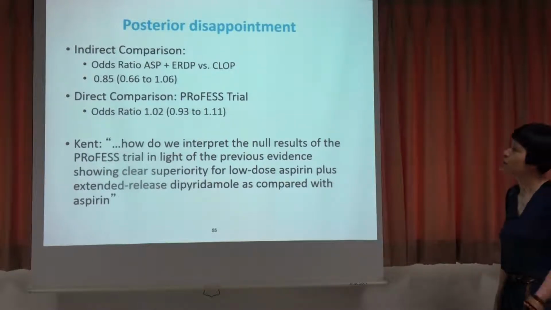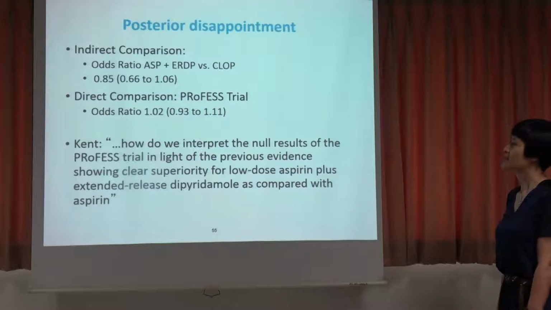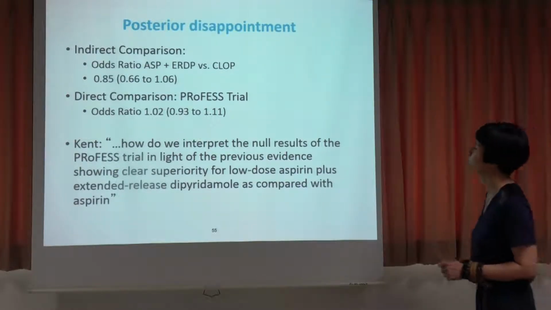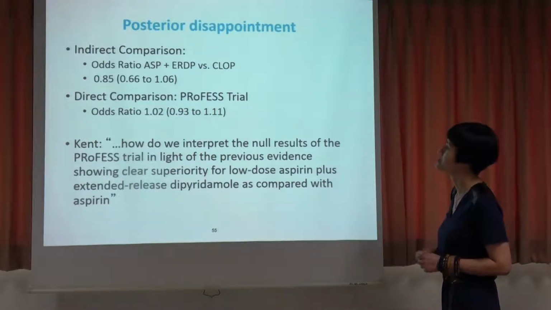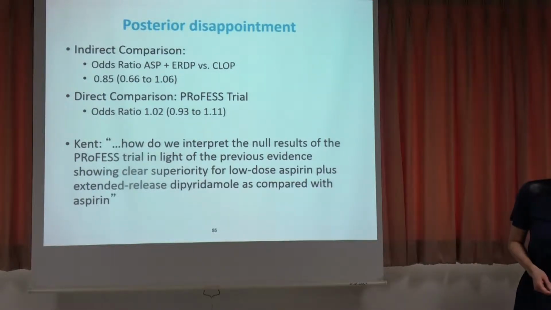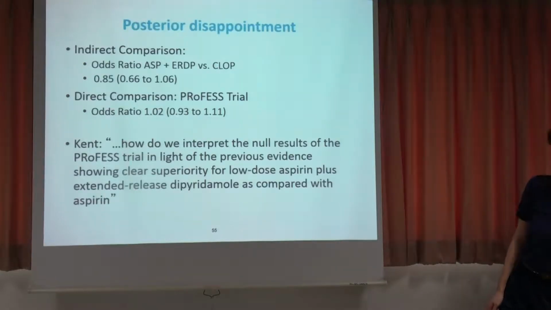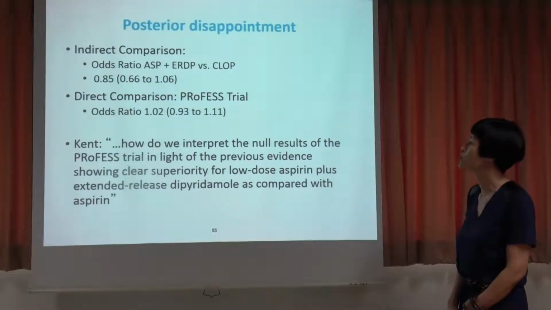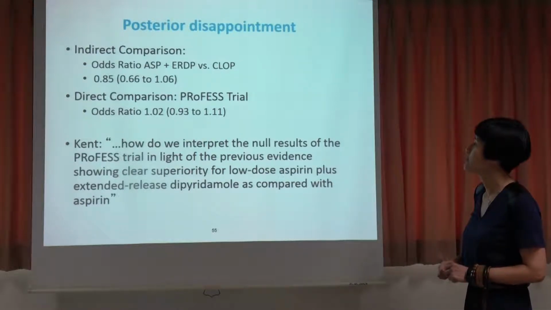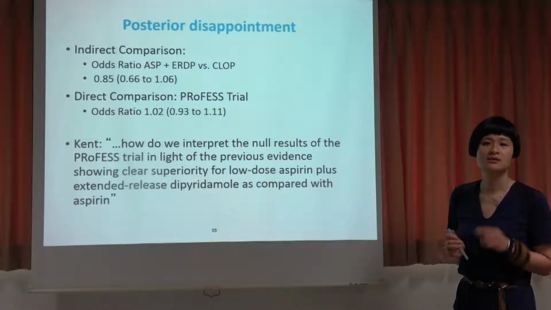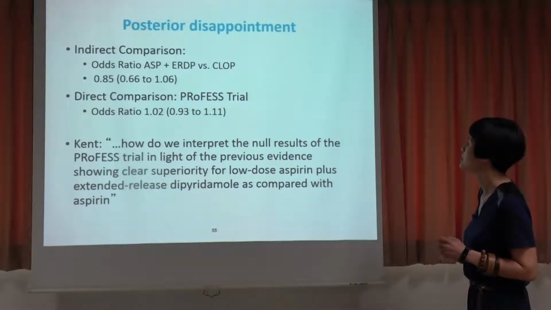But if you actually look into the data, you know that beforehand, the optimism is a bit unwarranted, because if you actually calculate an indirect comparison here, it will give you an odds ratio of 0.85 with a confidence interval of 0.66 to 1.06, a statistically non-significant finding.